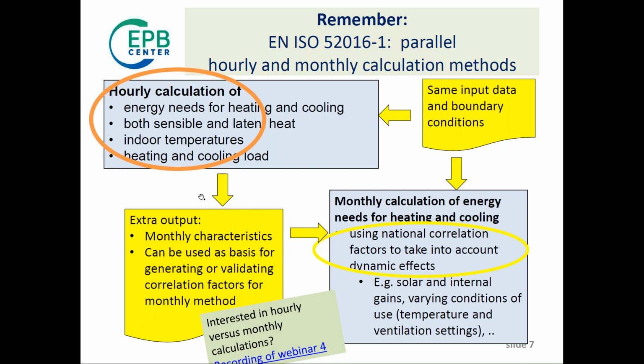Actually today I will concentrate on the hourly calculation, and if you make the link with the systems, then you are beginning to divert from the monthly calculation method, because then you would, for the monthly calculation method, also introduce some factors that correctly show the interaction with the systems.